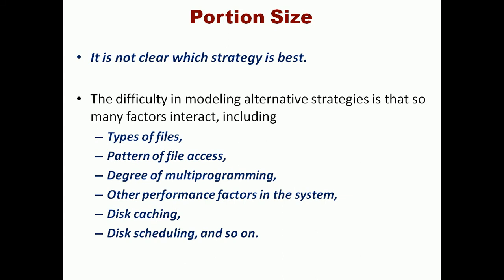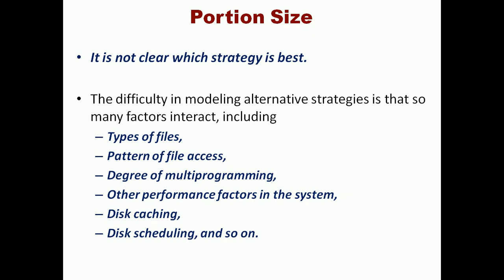If I want to use some other alternative strategies, there are many factors we have to take into consideration when choosing or designing them. One, what is the type of file, and next, what is the pattern of file access.